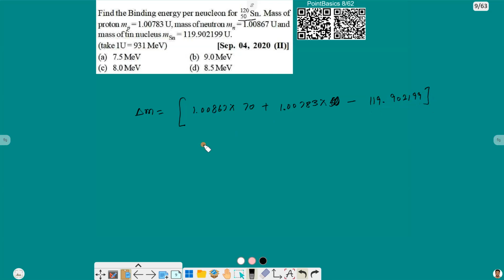From this we get the mass difference as 1.096201 U.